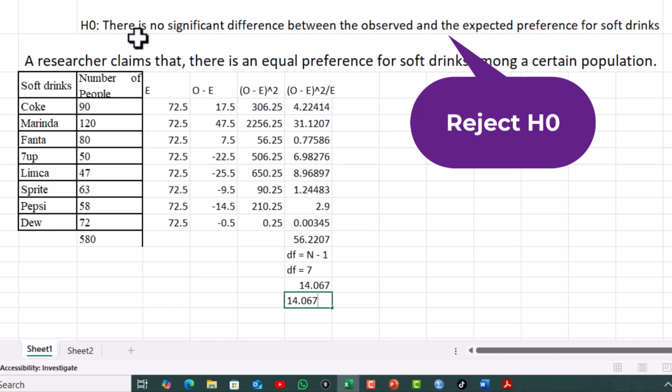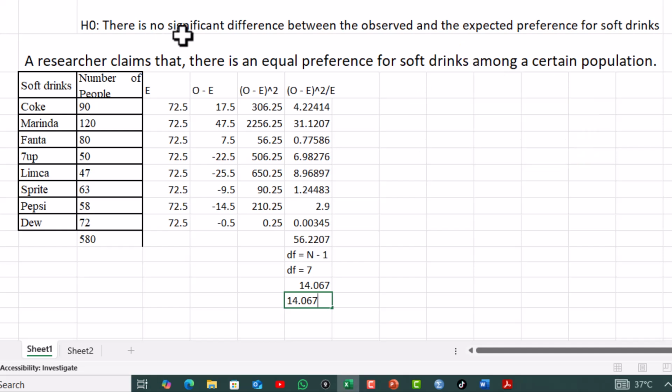Therefore, rejecting this null hypothesis means there is significant difference between the observed and the expected preference for choice for soft drinks. This means that there is no equal preference for soft drinks amongst this population. So this is what this data has: there are not equal numbers of persons making choices for various soft drinks within the population.